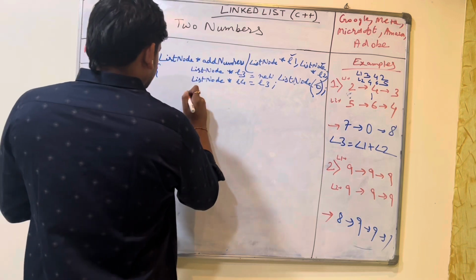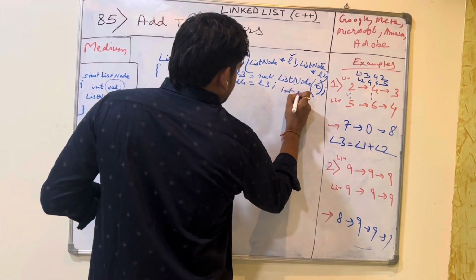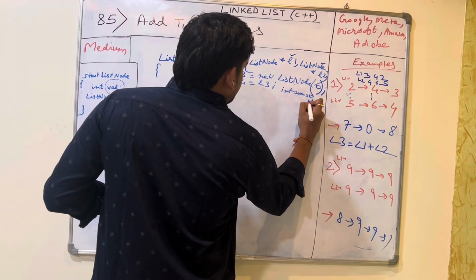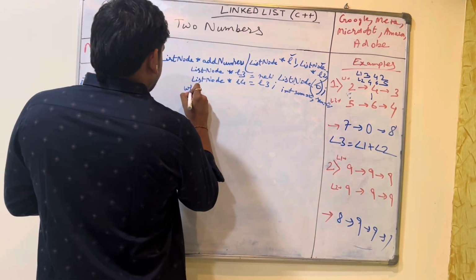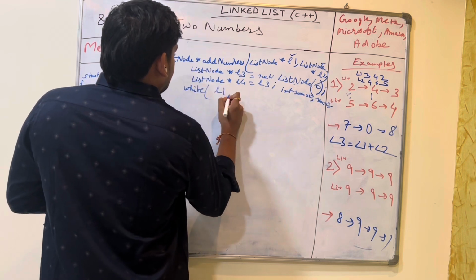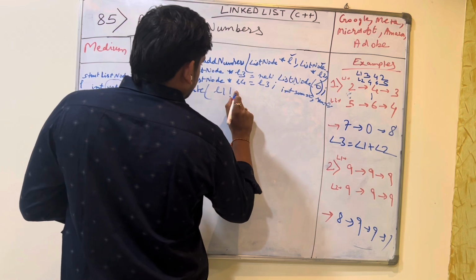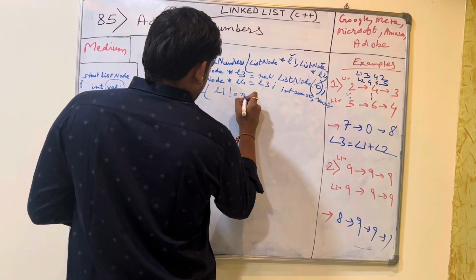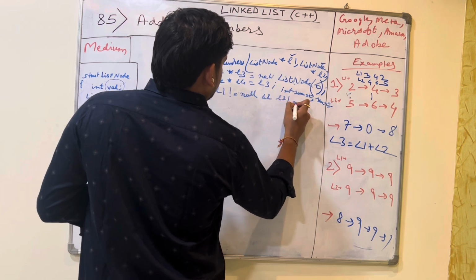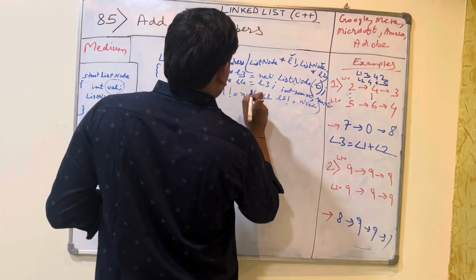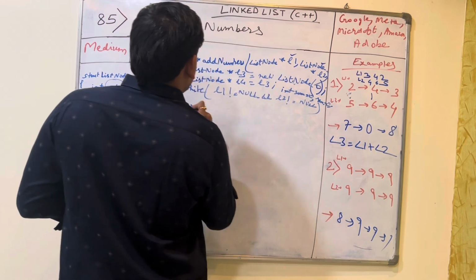So now we have int sum equal to 0 and remainder equal to 0. Now we have the condition: while L1 is not equal to NULL, and L2 is not equal to NULL, with NULL in capital in C++.